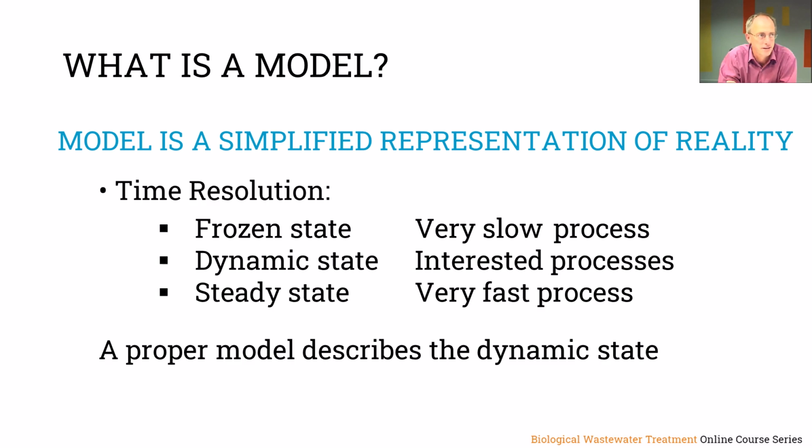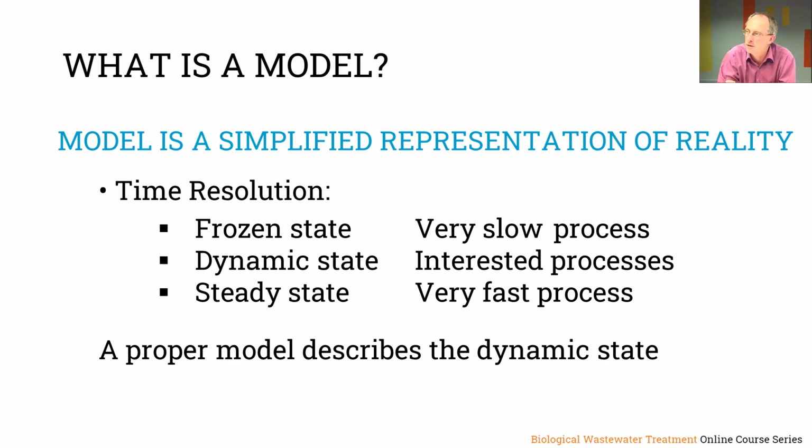On the other side, you have processes that are in a steady state or in equilibrium, and these are very fast processes. These processes go so quickly that they go much quicker than the dynamics you're interested in. Again, the changes we usually talk about in a wastewater treatment plant are changes in ammonia concentrations in the order of magnitude of hours, process control maybe in the order of magnitude of minutes.